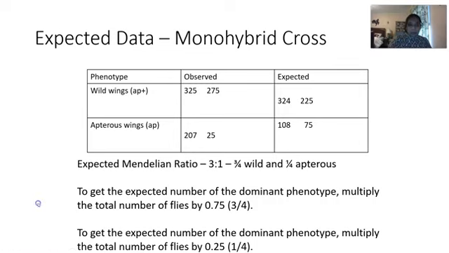So in this case, if we were to work it out, for example, for the first category, I'll show you an example: observed, which is 325, minus expected 324. And then we're going to square that.